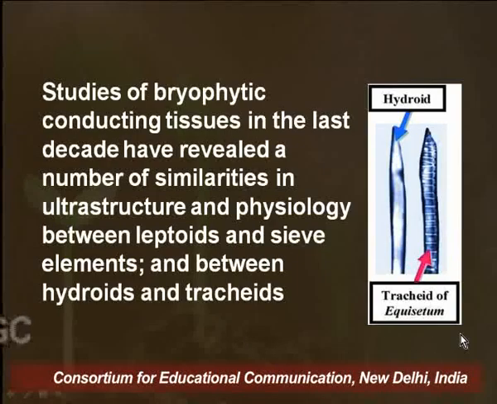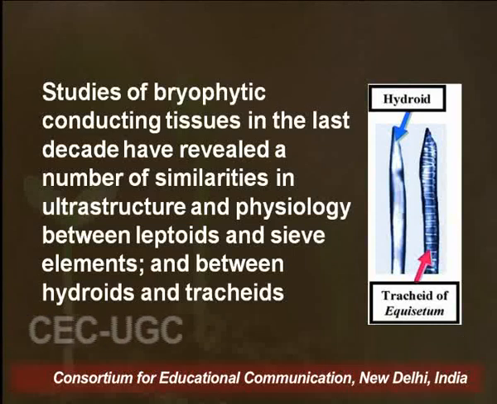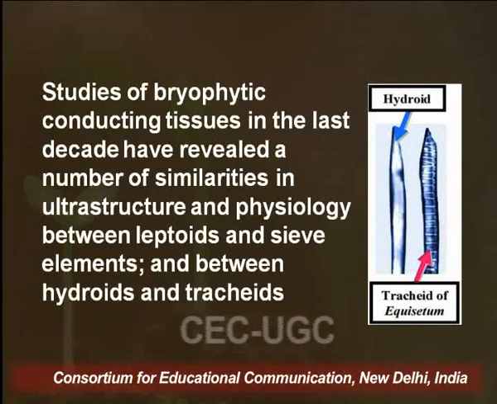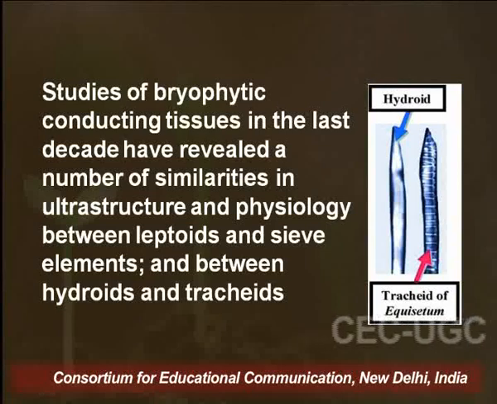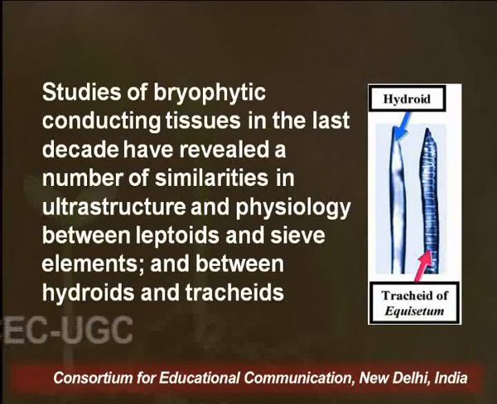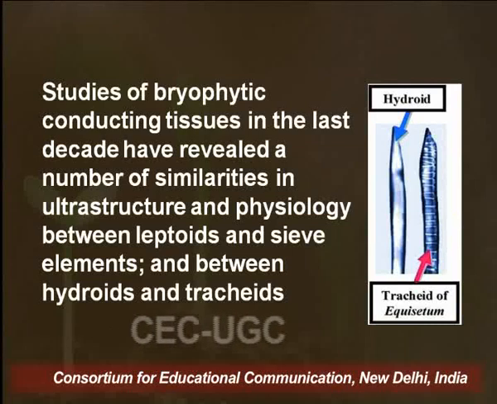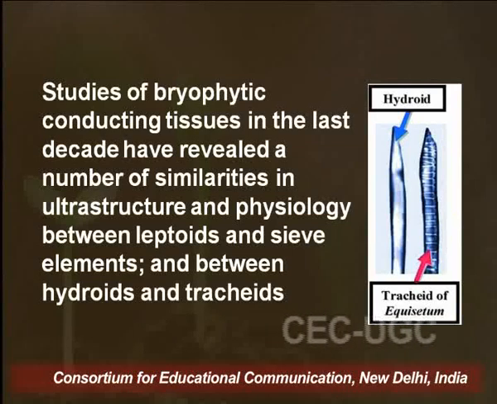Now, studies of bryophytic conducting tissues in the last decade have revealed a number of similarities in the ultrastructure and physiology between leptoids and sieve elements and between hydroids and tracheids.